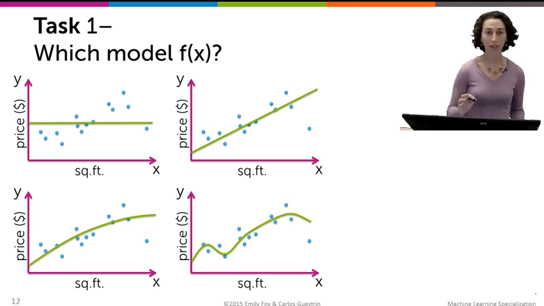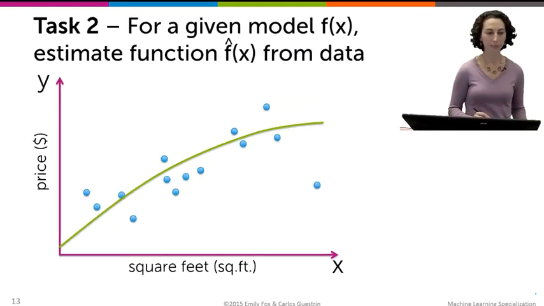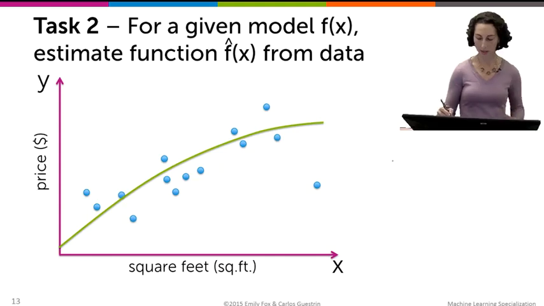Okay, so one task is, out of the space of all these models that we might consider, which is the one that we should use for a given data set and task that we have. Okay. But now let's assume that we have selected the model we're going to use. In this case, here we're assuming that we're going to use just a quadratic fit.